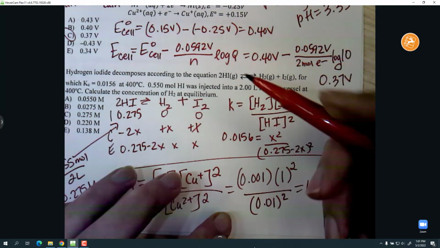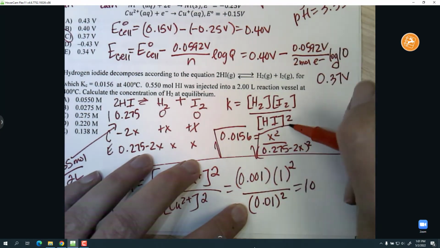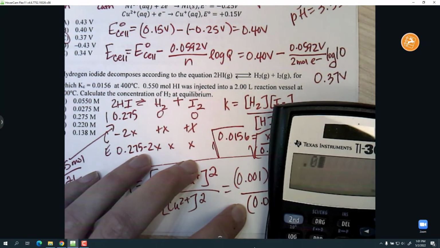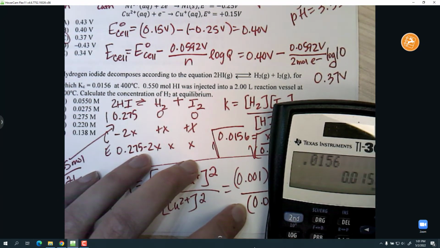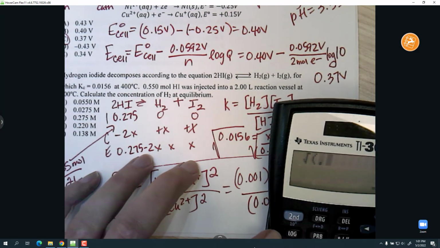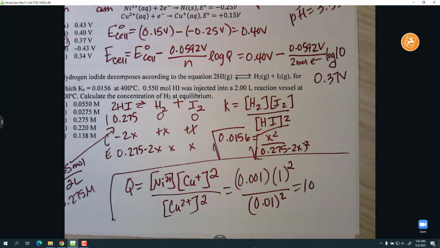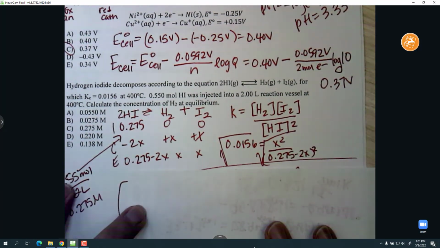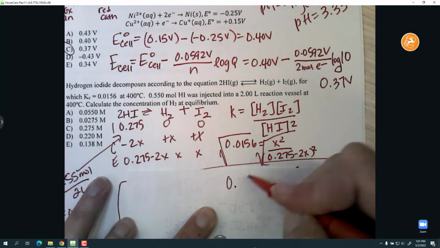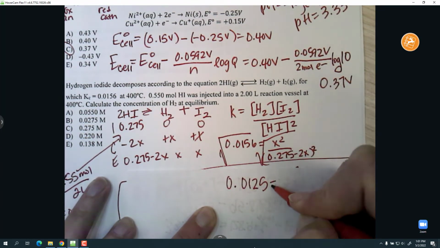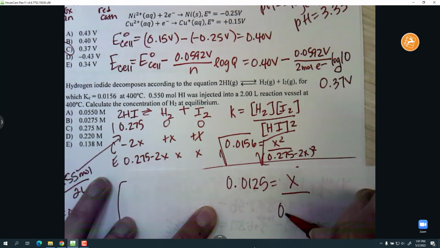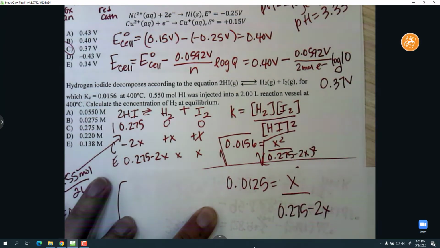I can actually solve this exactly by taking the square root. Square root of 0.0156. All right, now let me get some extra paper for this one. I'm running out of room. 0.25, and this would be x on top, and 0.275 minus 2x on the bottom, because that's what the square root of those things would be.